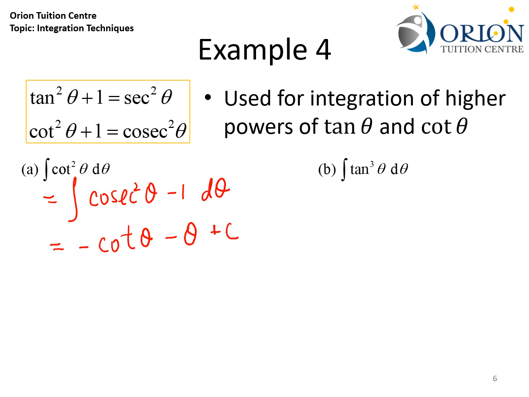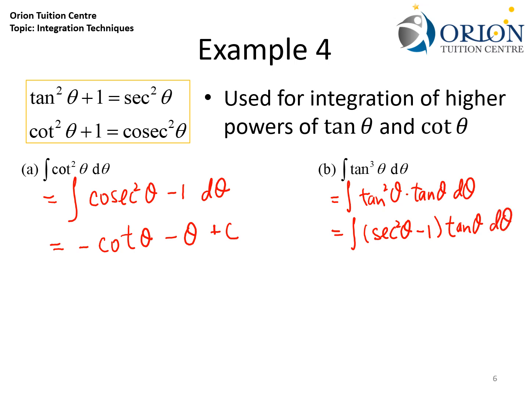Next, for tangent cube theta, we can rewrite it as tangent square theta multiplied by tangent theta. For this tangent square theta, I will be able to rewrite it as secant square theta minus 1 multiplied by tangent theta, d theta. If we expand these two terms, I will get the integration of secant square theta times tangent theta minus tangent theta, d theta.